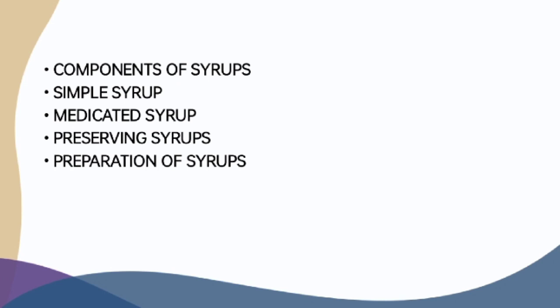And the third one is yung addition ng sucrose to a prepared medicated liquid or to a flavored liquid. And the fourth one is the percolation of either the source of the medicating substance or the sucrose.